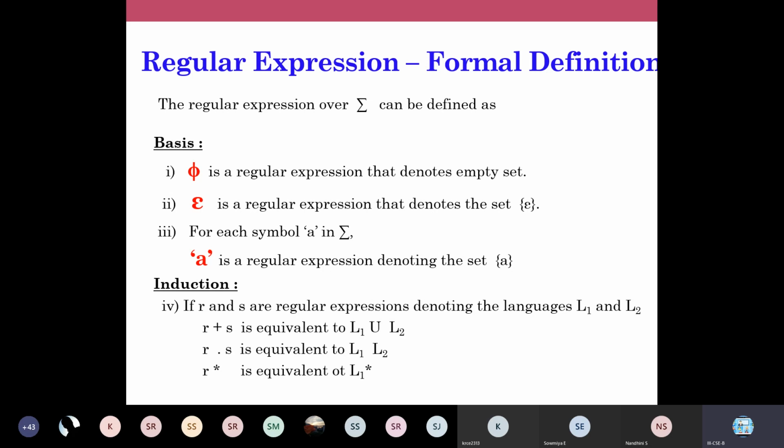Then I'll go for the second element in L1 and concatenate with all the elements in L2, like that. Thereby we get a combination of 6 elements. That is your concatenation. For that, we use an operator called dot. So R dot S is the regular expression denoting such a language.